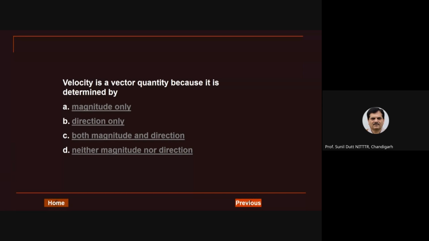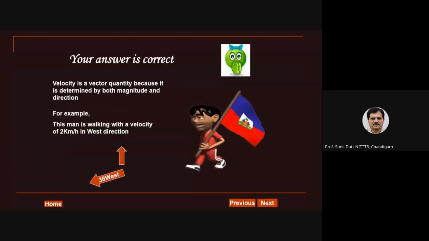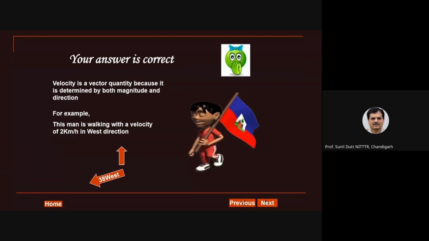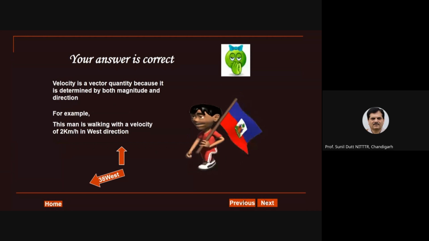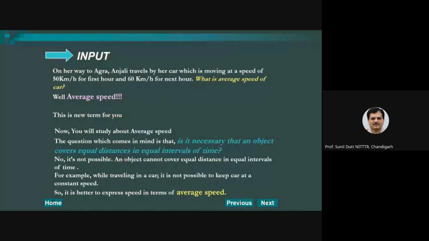C option is correct. Now click here and you will find the feedback. Now this man is walking with a velocity of 2 km per hour in west direction. It means it contains both the magnitude as well as the direction. Now next. Now the input is given, and already you have studied that the matter is divided into small inputs, and the language is quite simple and interactive.